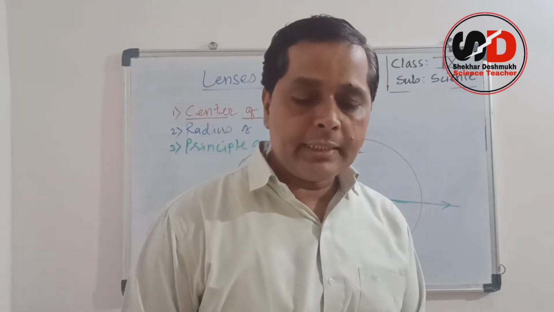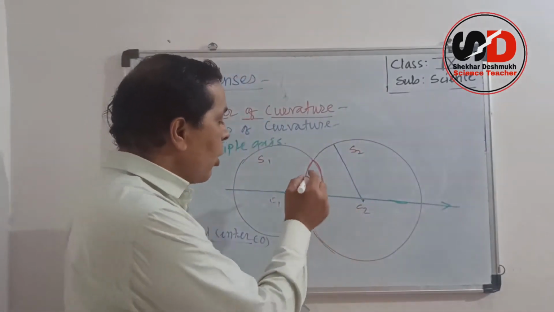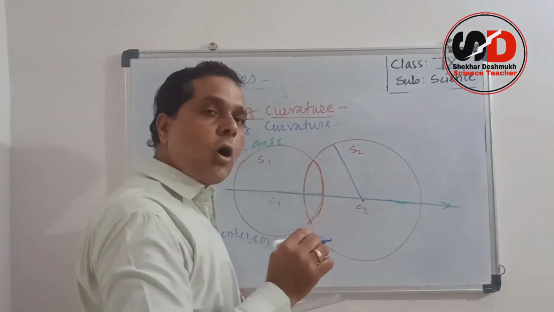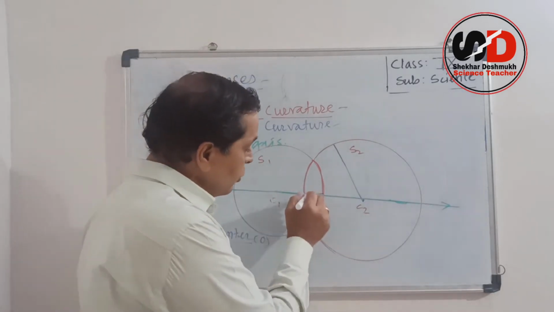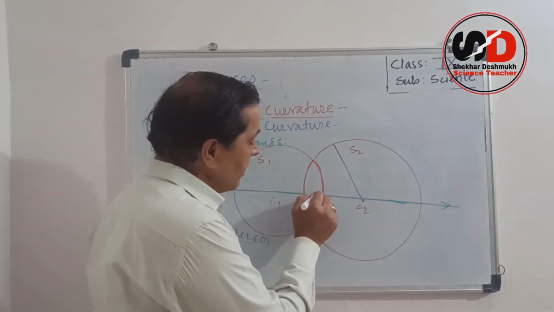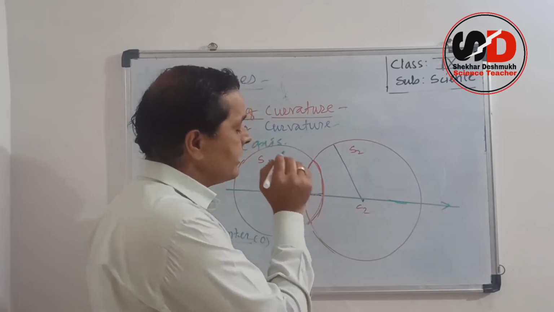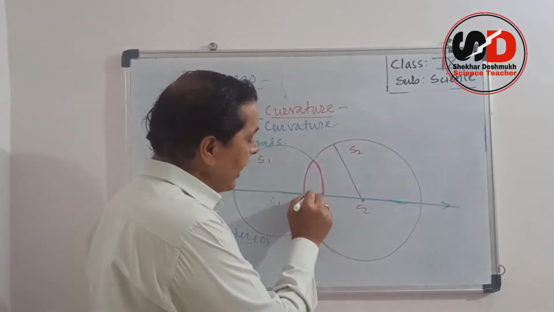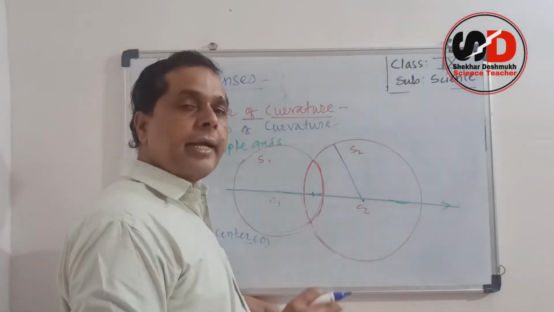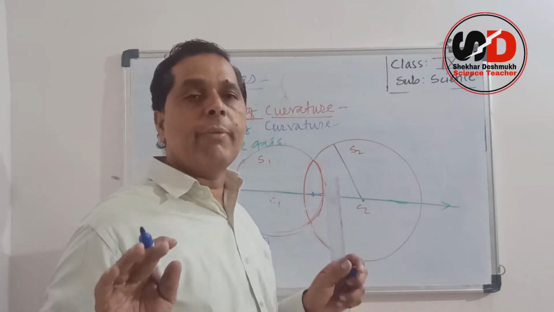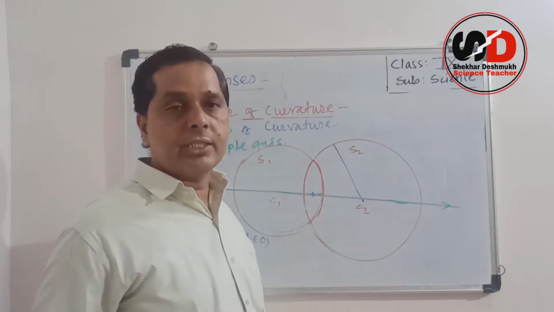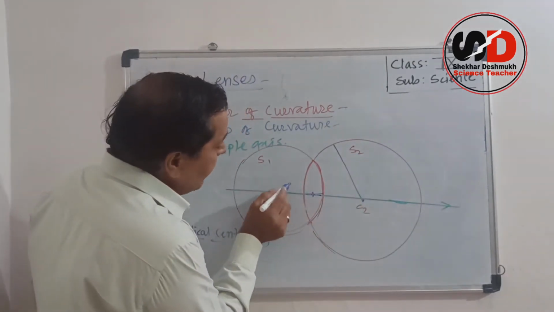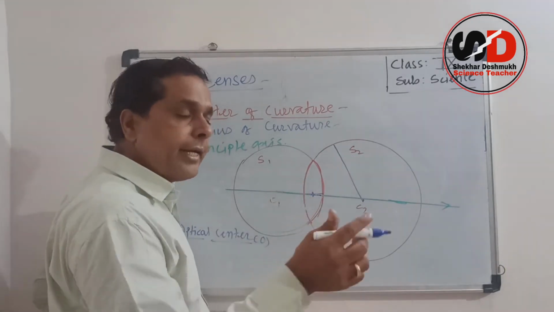Optical center is the point on the lens, or the point inside the lens on the principal axis, somewhat here, through which if the light passes, it travels through it without bending. That means without any deviation, without any change in direction. So the light passes through this point in any direction.